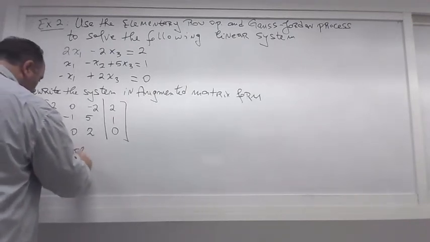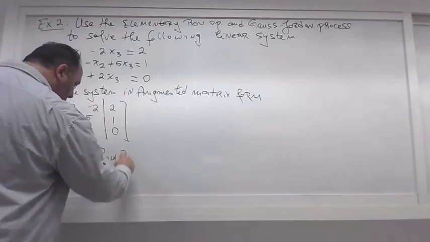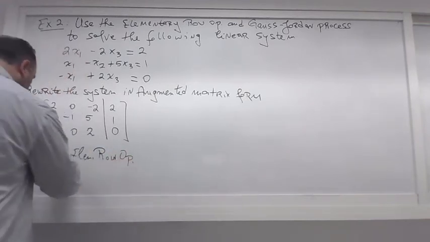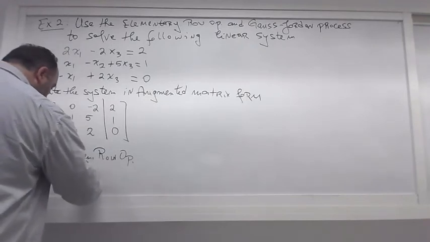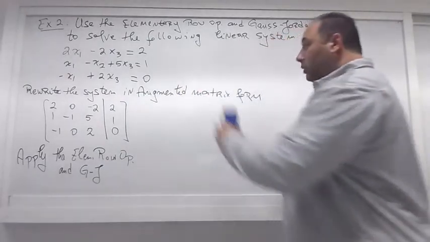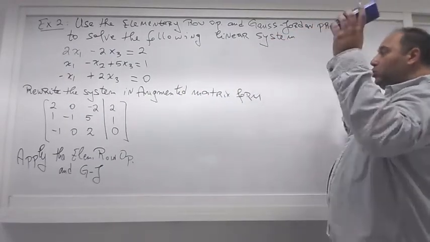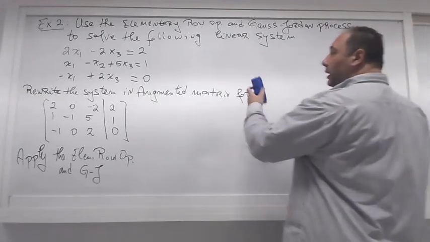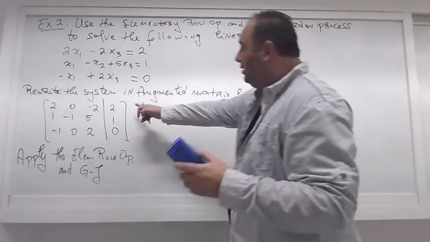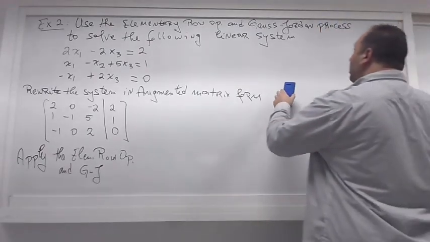So let's apply the elementary row operations in Gauss-Jordan. Okay, how do I do that? Well, I have two options. Both of them are viable. You choose the one you like. I will divide the first row by 2 because that one we don't use often. So let's see how that looks.